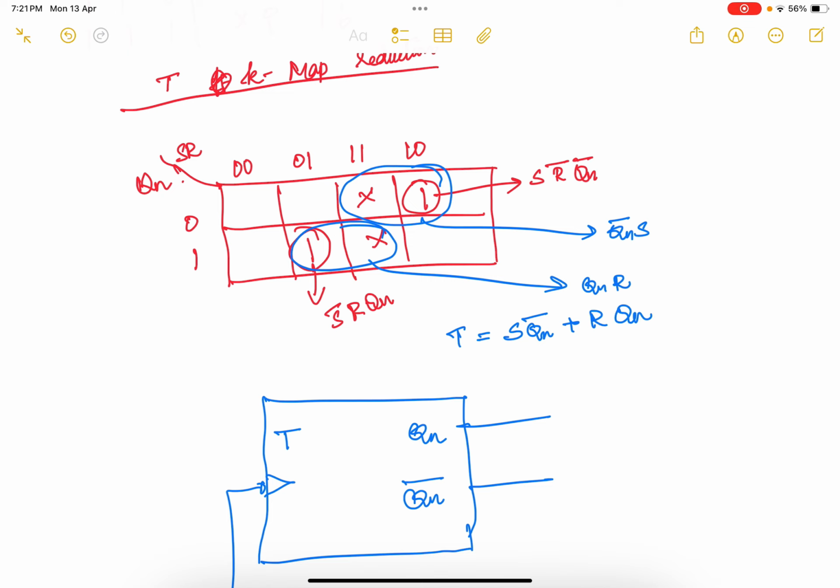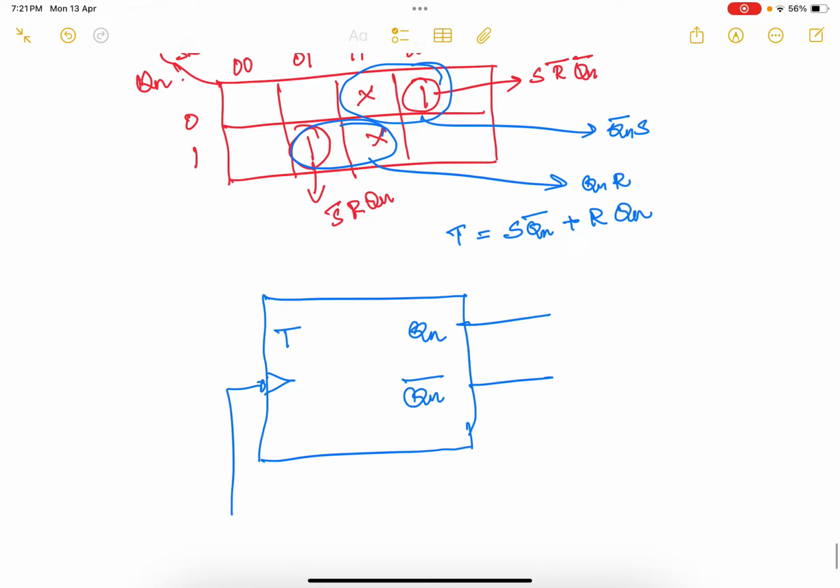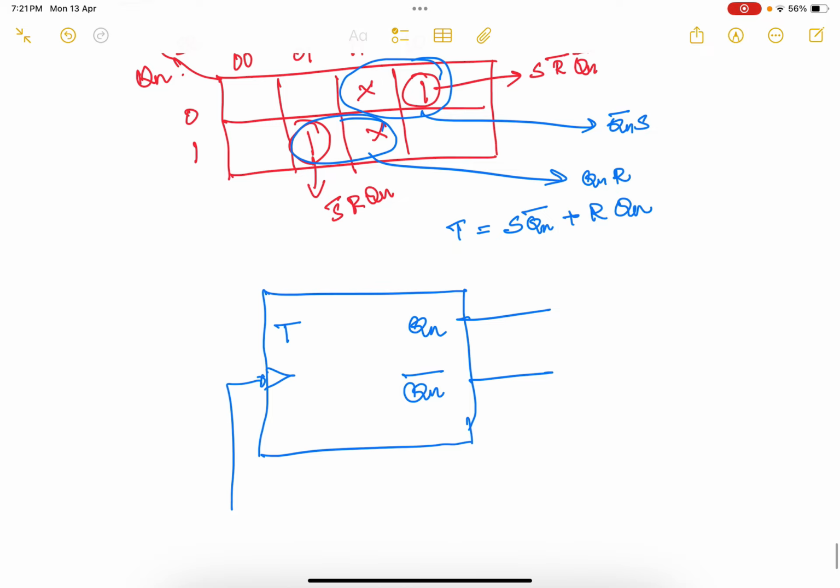I think it is taking some time. Okay, no problem, so I'm going to connect. So this is for S Qn', and this is for R Qn.